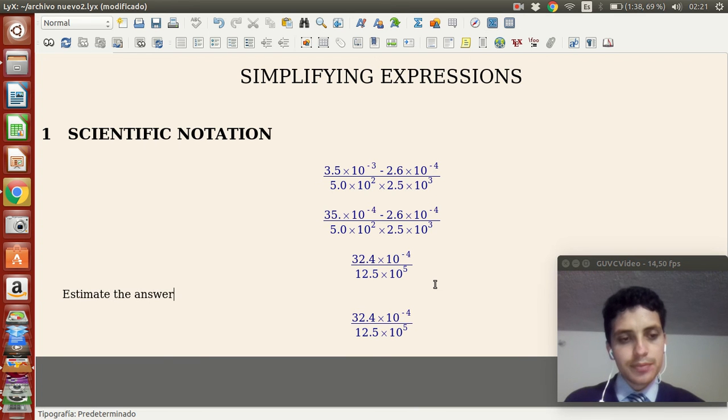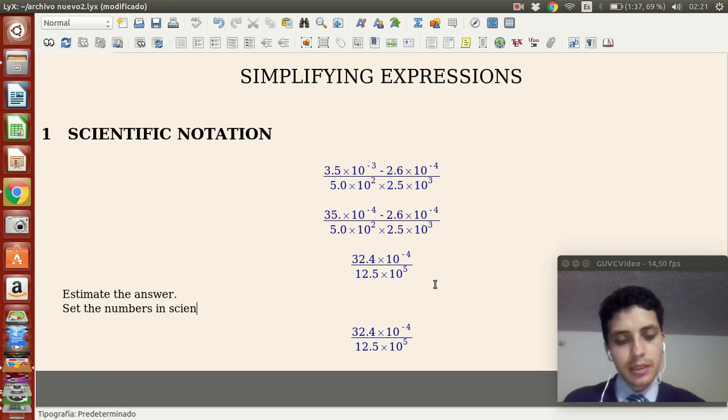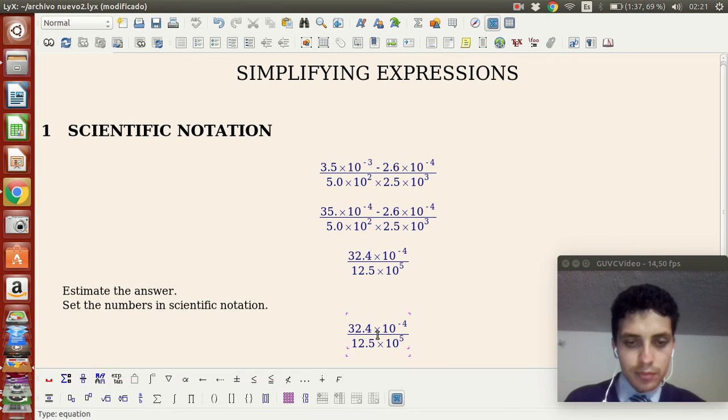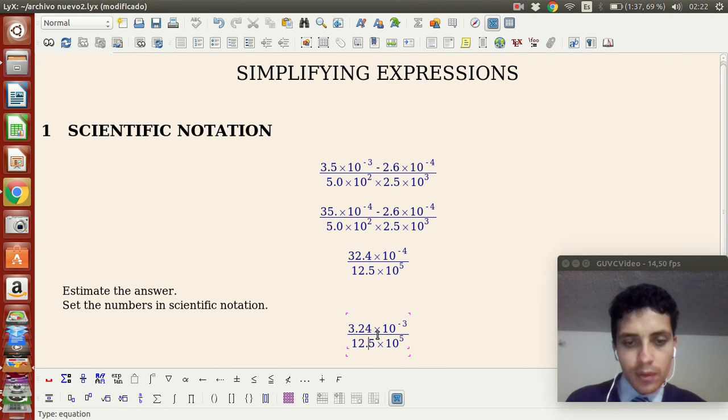To estimate the answer, set the numbers in scientific notation. So 32.4 in scientific notation: I move to the left, so I add 1 to the exponent, giving negative 3. And for the denominator I also move to the left, so I add 1 to the exponent, giving 6.